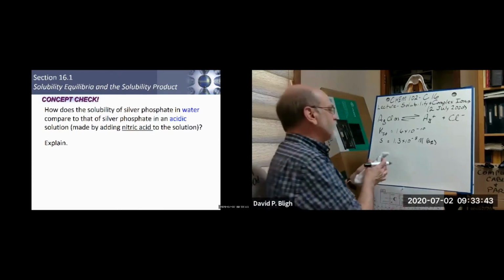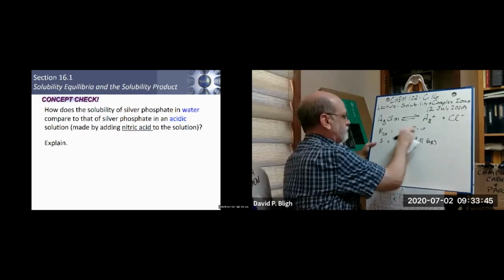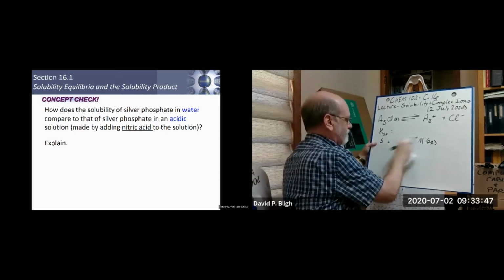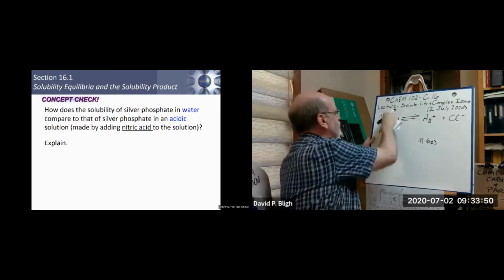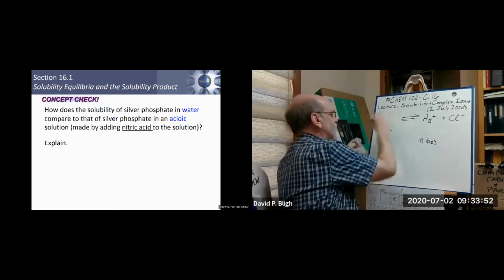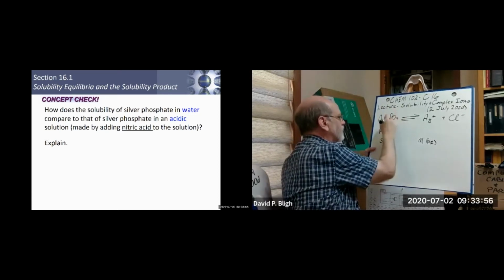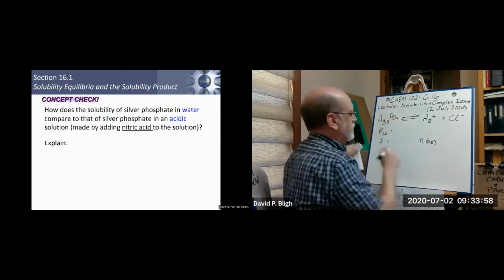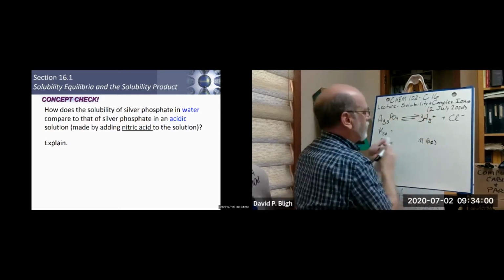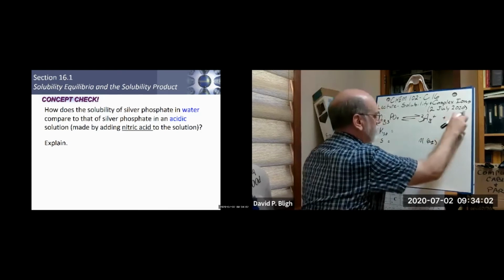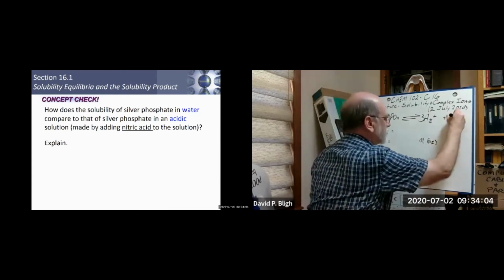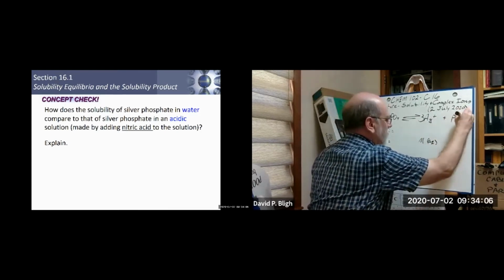Okay, so we've got a different reaction. This is going to be phosphate. And phosphate, our polyatomic ion.